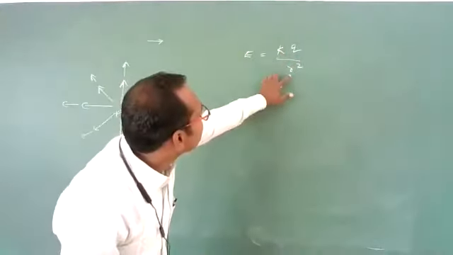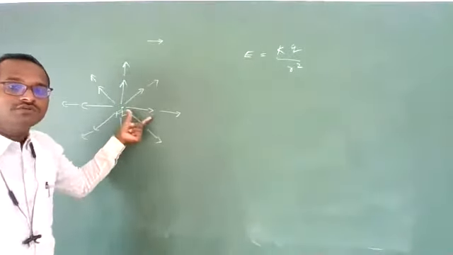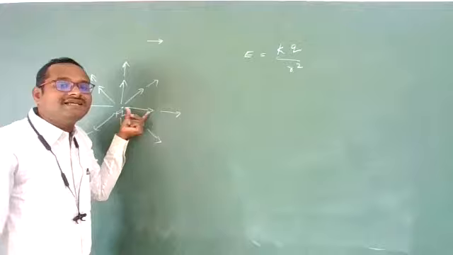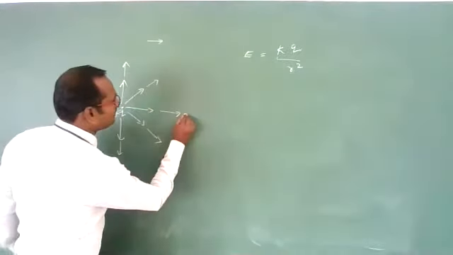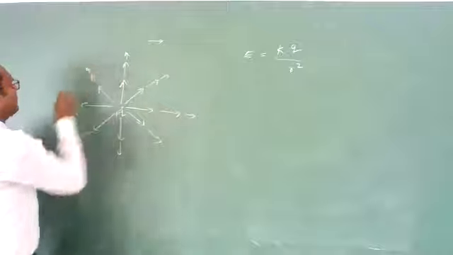It is inversely proportional to the square of the distance. If distance is less, electric field strength will be more, so I am showing a larger arrow. As we move away, the arrow length will decrease. I hope you are understanding what I am showing you.